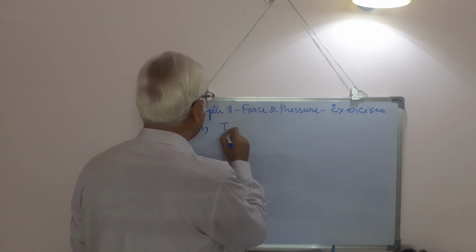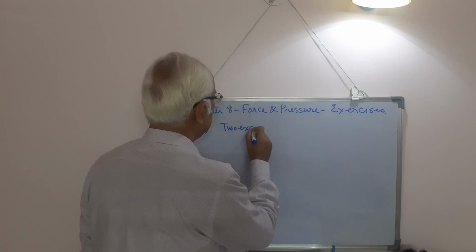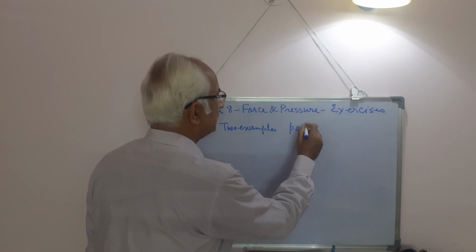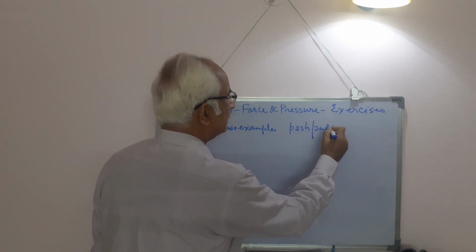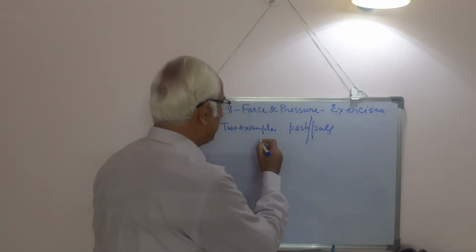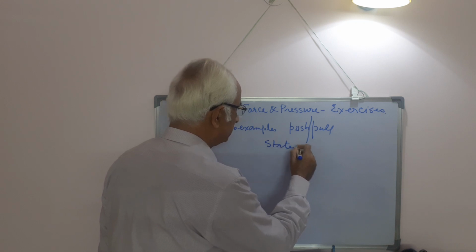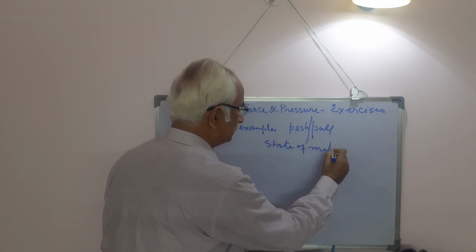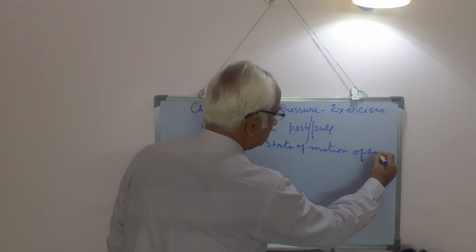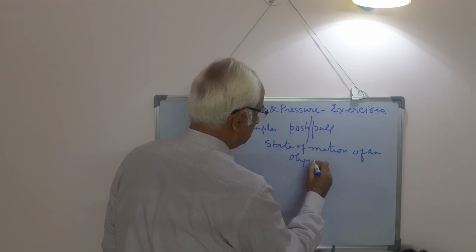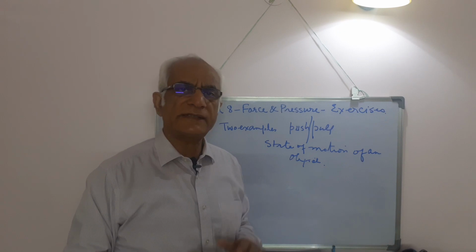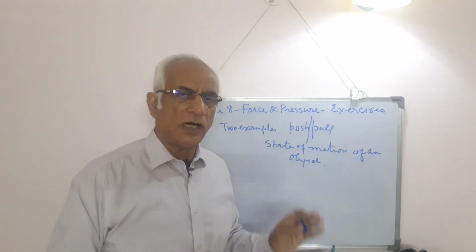So we have to give two examples of both push and pull which change the state of motion of an object. Now, what is the meaning of change of state of motion? Let's understand that first.